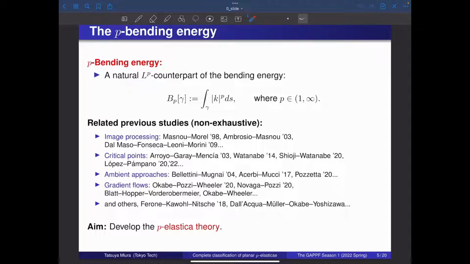To my knowledge, the first study of the gradient flow of the p-bending energy is given by Okabe-Pozzi-Wheeler, which is a second order flow. But there are some other flows, mainly of fourth order. Anyway, there are some dynamical perspectives, and also other studies such as geometric inequalities, and so on.